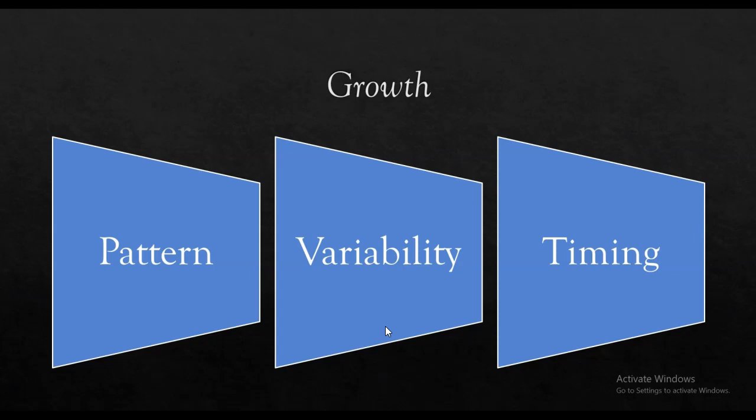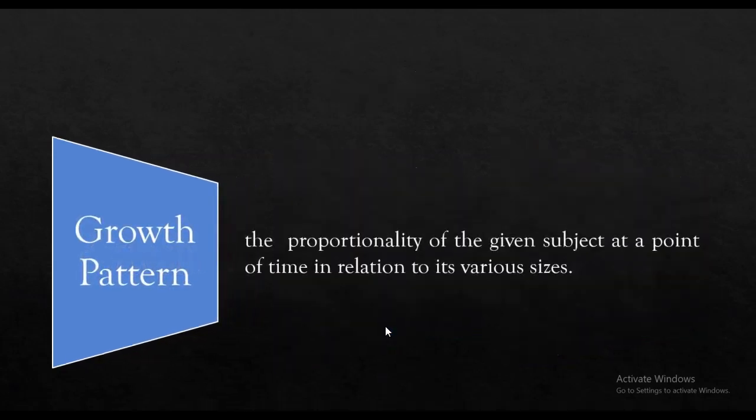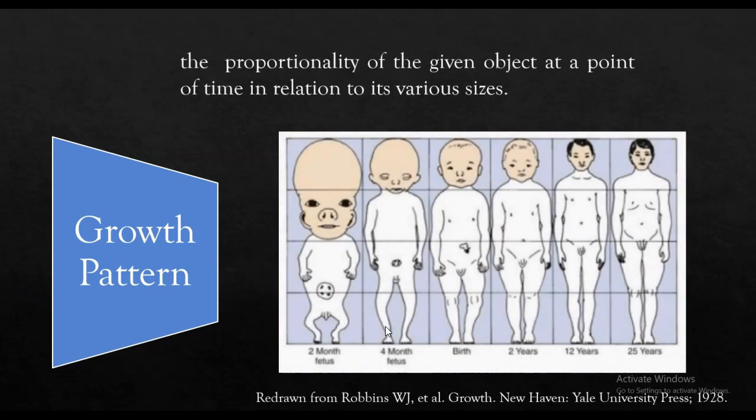There are three important features related to growth. The growth pattern refers to the proportionality of the given subject at a point in time in relation to its various sizes. The diagrammatic representation of the cephalocaudal growth pattern is a good illustration of the proportional changes that occur through aging.